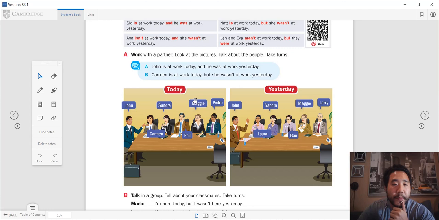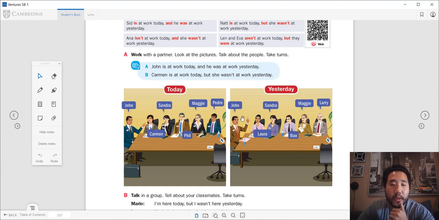By just looking at the pictures, today we have John, Carmen, Sandra, Phil, Maggie, and Pedro. That's who we have today. And yesterday we have John, Laura, Sandra, Bao, Maggie, Larry.